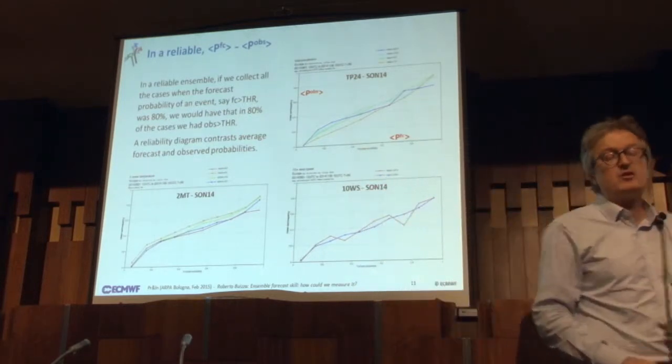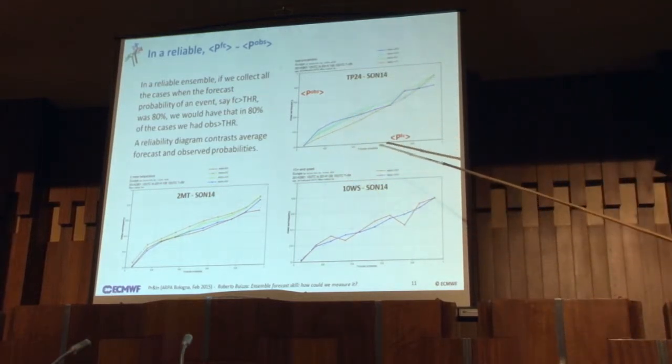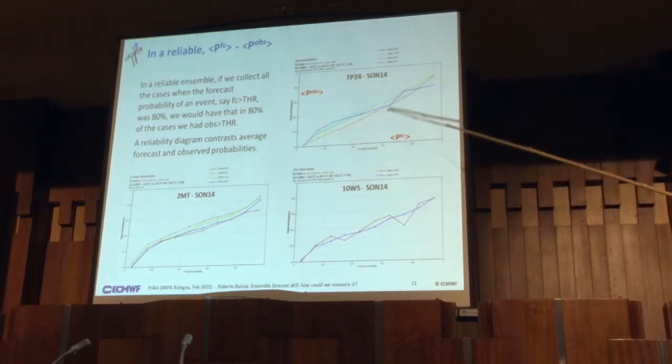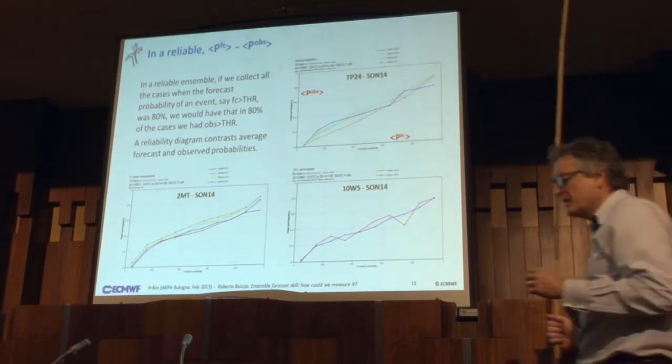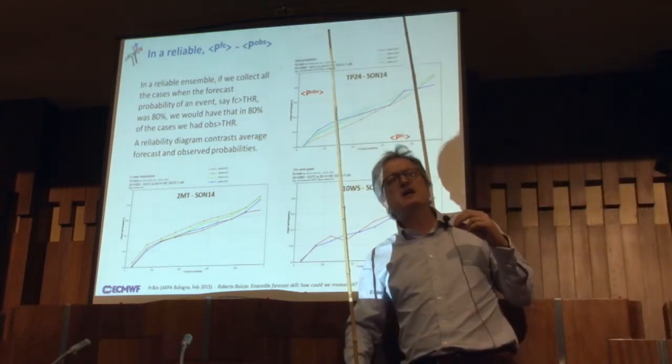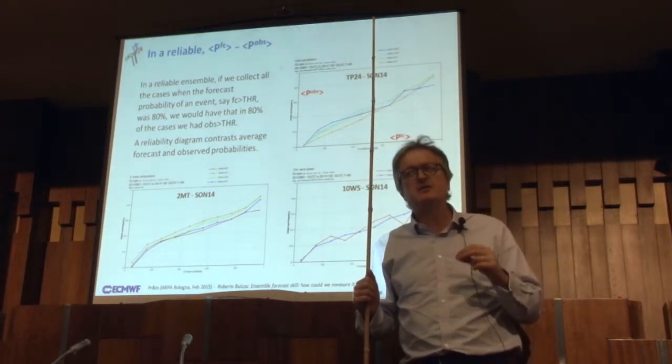The other one, the more commonly used, which would bring us to a Brier score, is to look at the forecast probability versus the observed probability. So as I said at the beginning, you can verify an ensemble system, a probabilistic forecast, only in average terms.